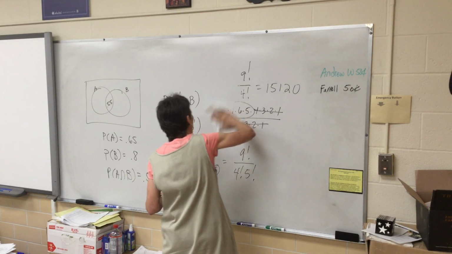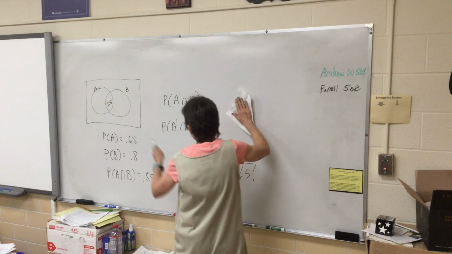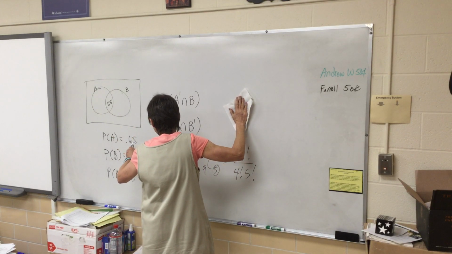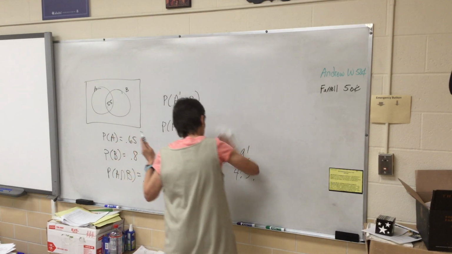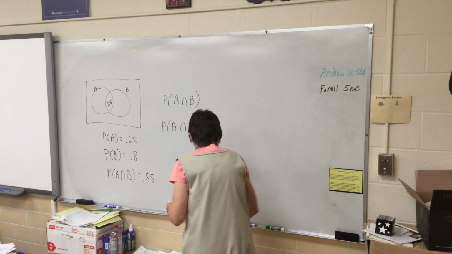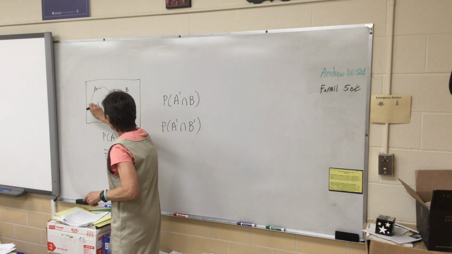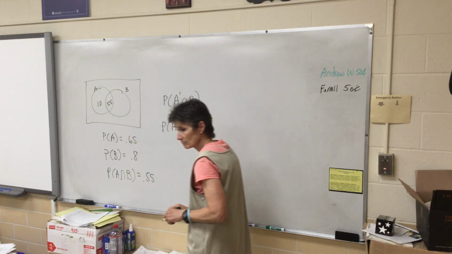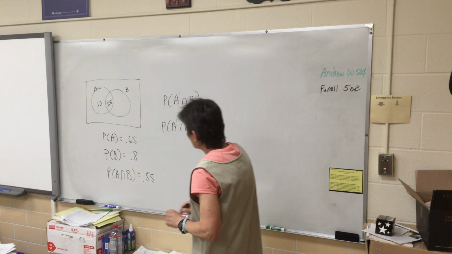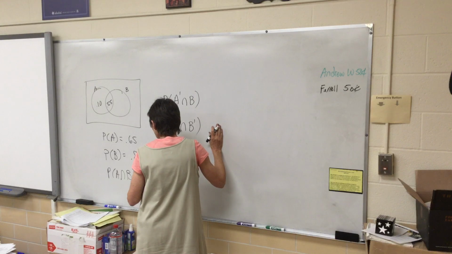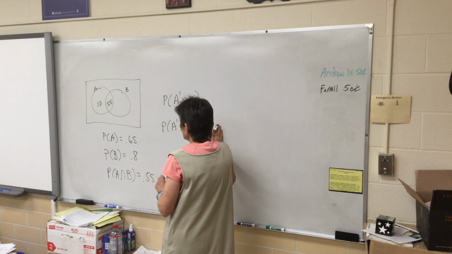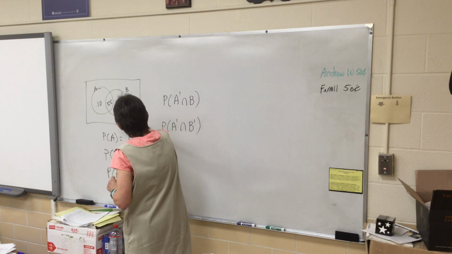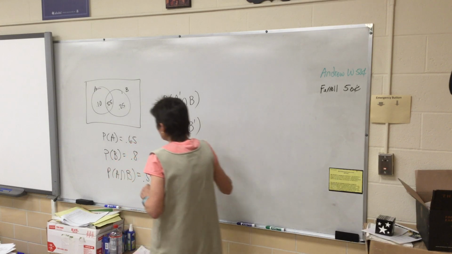Because if the whole A ball is 0.65, but that part of it is 0.55, then this part must be 0.10. And if the whole B ball is 0.8, but this much of it is 0.55, then this must be 0.25.